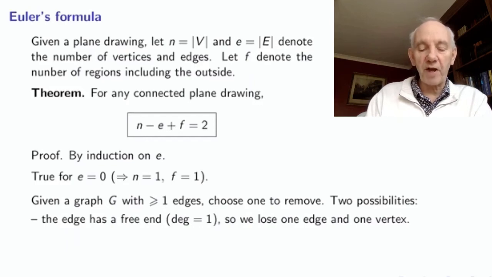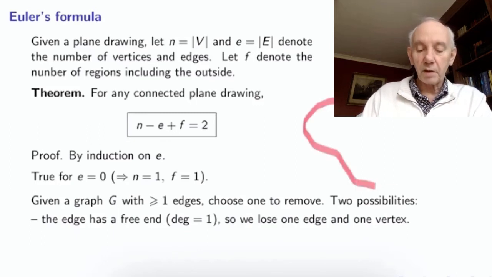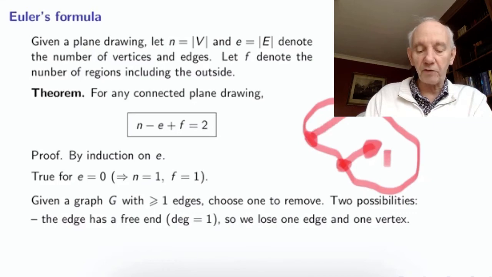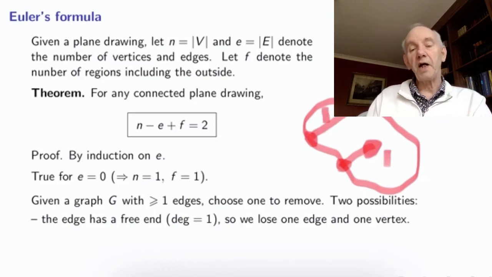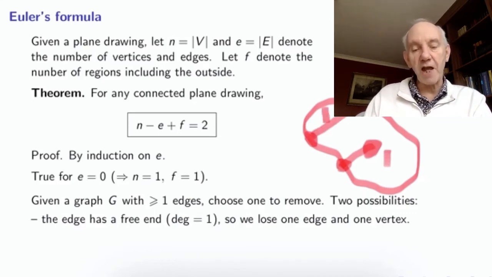It may be that we have a graph here in which we have a part of the graph, and we have what I've called an edge with a free end. A free end means a vertex of degree 1. There may be other bits of the graph we're not interested in, but we have an edge with a free end.